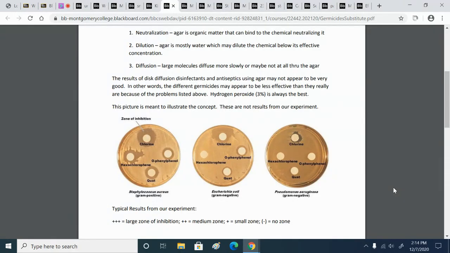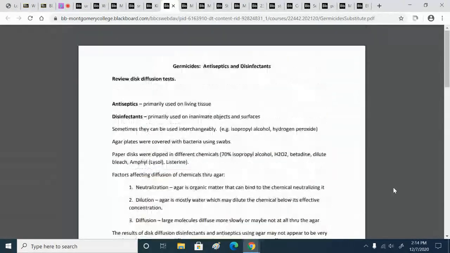The idea was that because of the agar problems of neutralization, dilution, and diffusion, your results do not appear as good as they should be. All these different chemicals are very effective. They just may not show that effectiveness on the agar plate. Oh, okay, I see. Thank you. Any other questions?